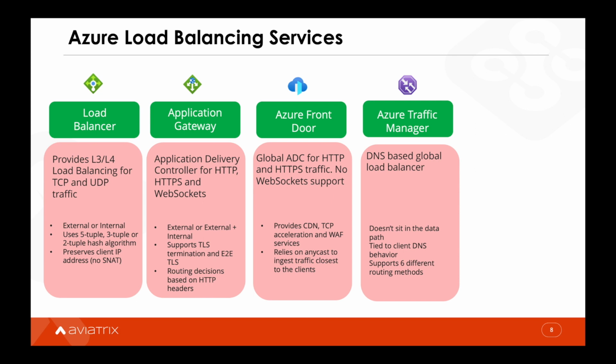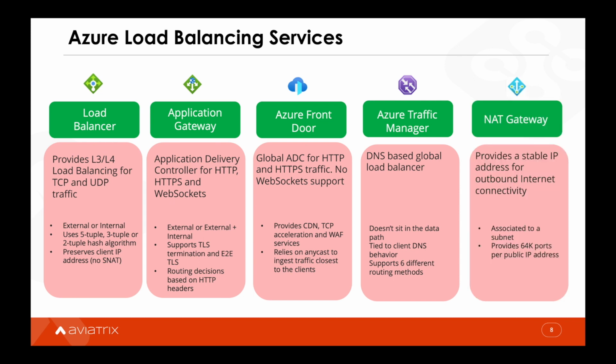However, it's important to know that being DNS-based, it doesn't sit in the data path, and it is tied to the client and client's DNS resolver behavior, which can lead to clients using stale DNS records, resulting in high convergence time.